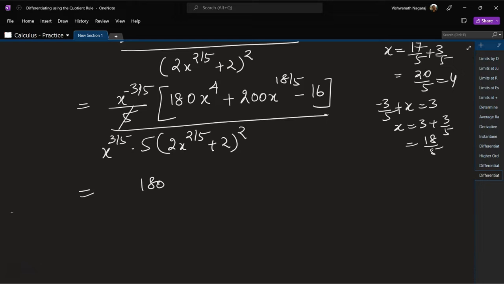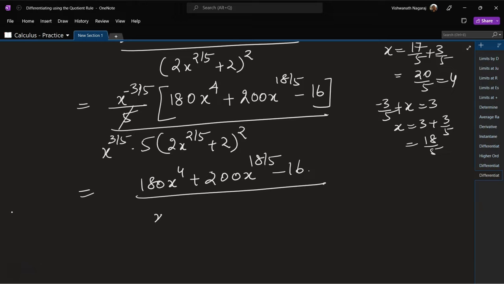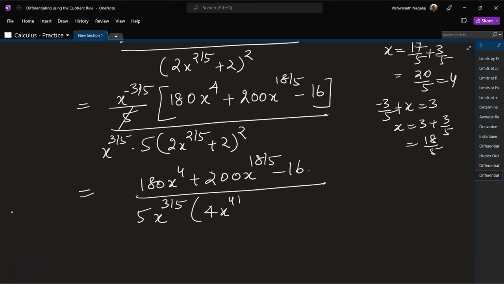So 180x to the power of 4 plus 200x to the power of 18 by 5 minus 16 divided by, okay, so now let's first expand this: 5x to the power of 3 by 5 times 4x to the power of 4 by 5 plus 2 twos 4, twos 8x to the power of 2 by 5 plus 4.